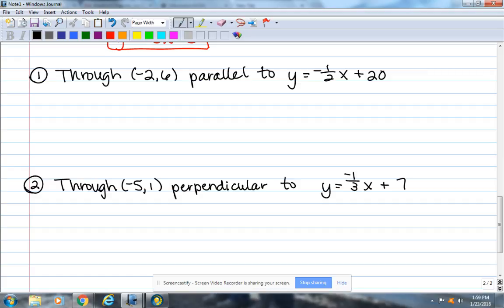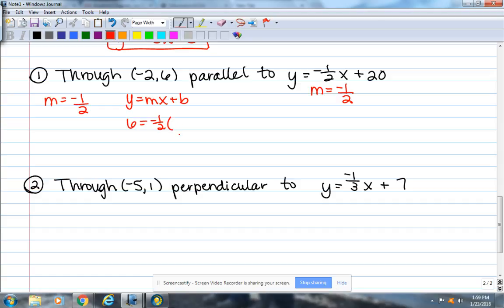So, what do parallel lines have? Same slope. So what's the slope of the second line? What's their slope on number 1? Their slope is -1/2. So our slope will also be what? Same thing. So you use y equals mx plus b. Your y you should have used was 6. m is -1/2.